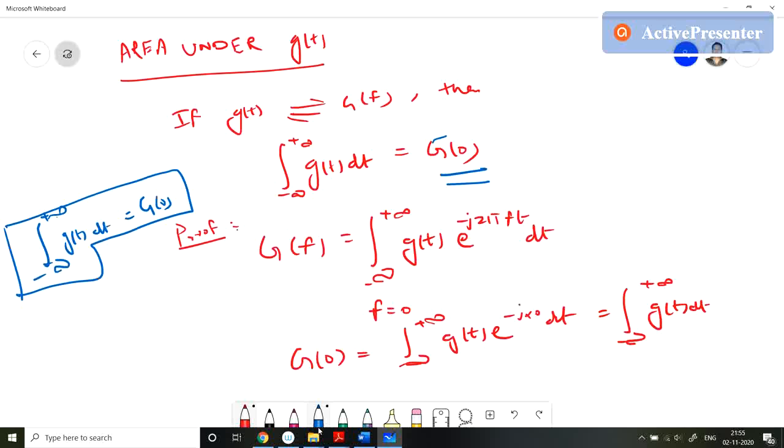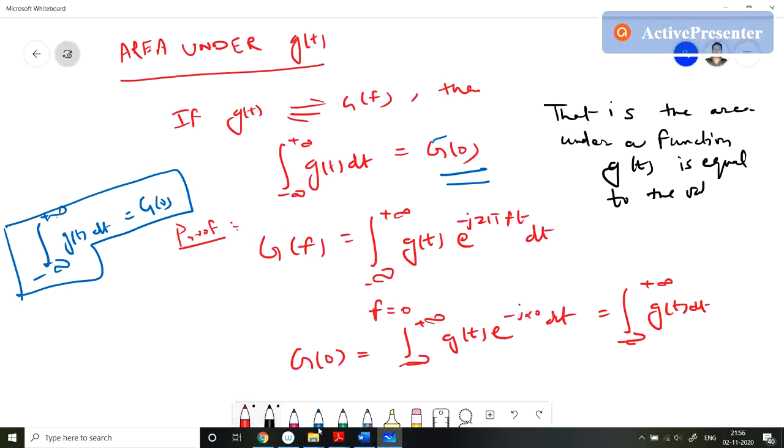So the area under a function g(t) is equal to the value of its Fourier transform G(f) at f equals 0.